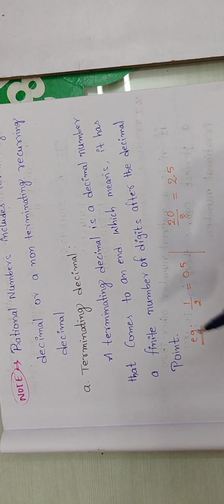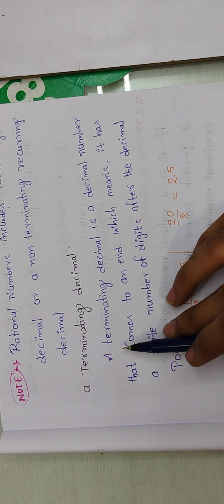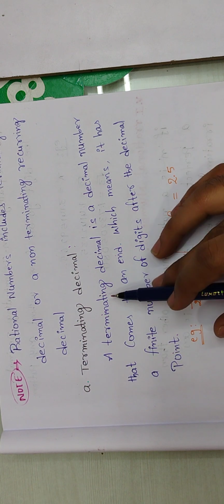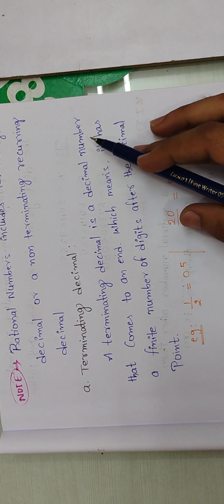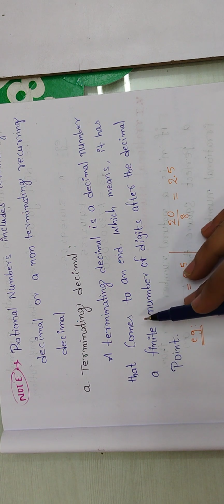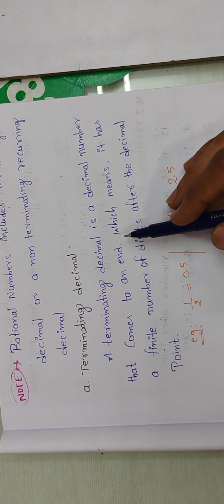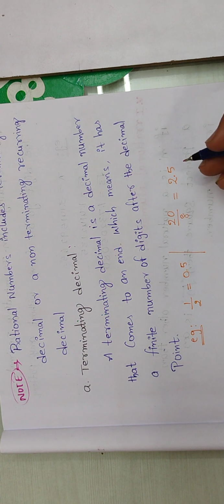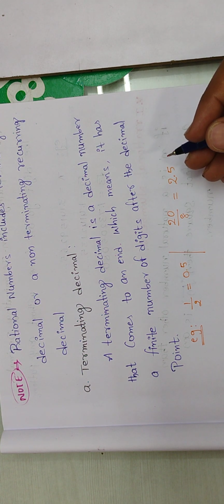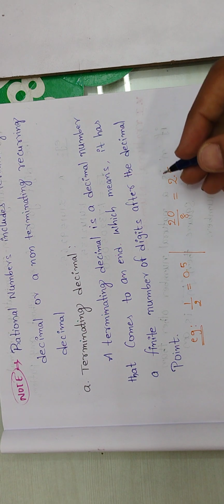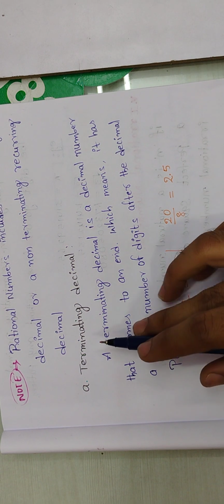What is meant by terminating? A terminating decimal is a decimal number that comes to an end, meaning after the decimal we have finite digits. Then we call that number a terminating decimal.